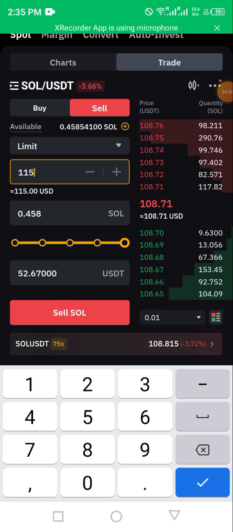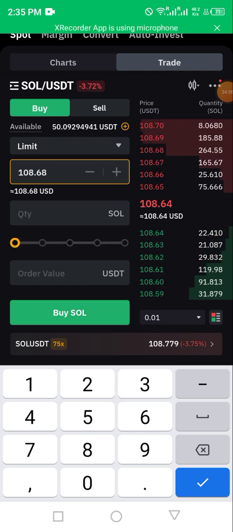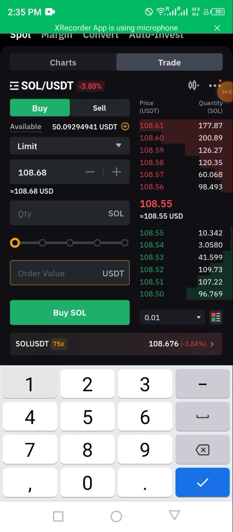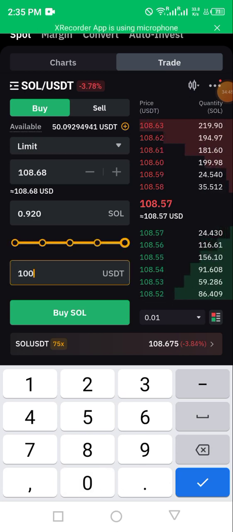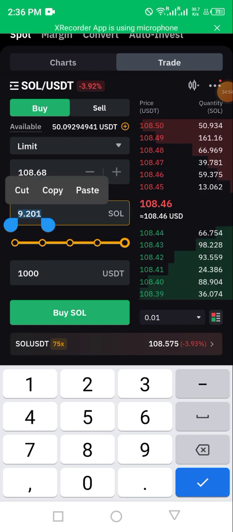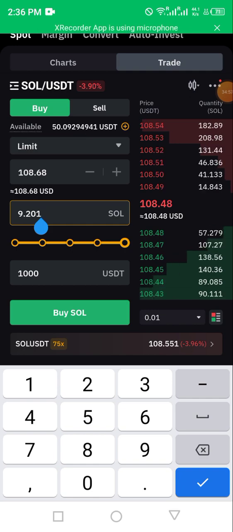So now, to make it sweeter, we go back to our buy trade on this same amount. So we'll now place an order value of 8,000 USDT. 8,000 USDT gives you a total quantity of 9.201 of Solana at this price.